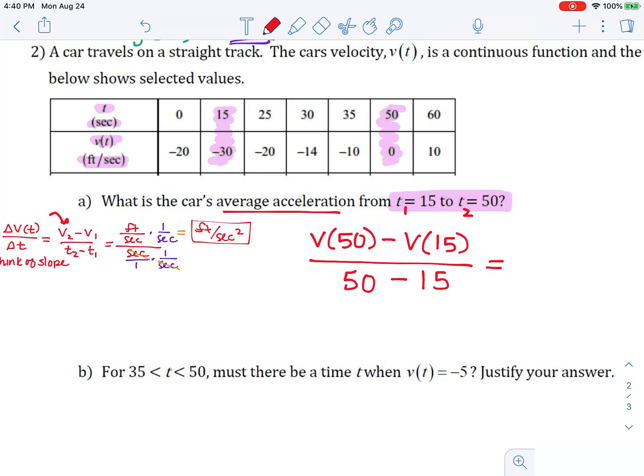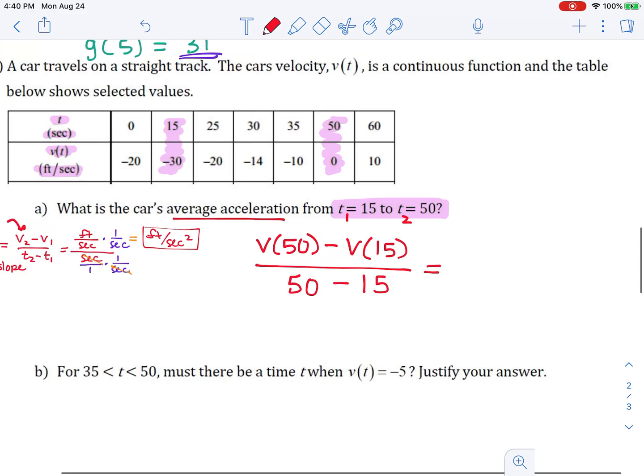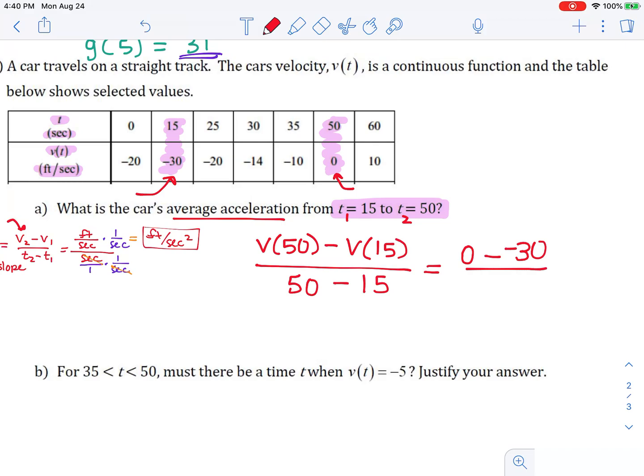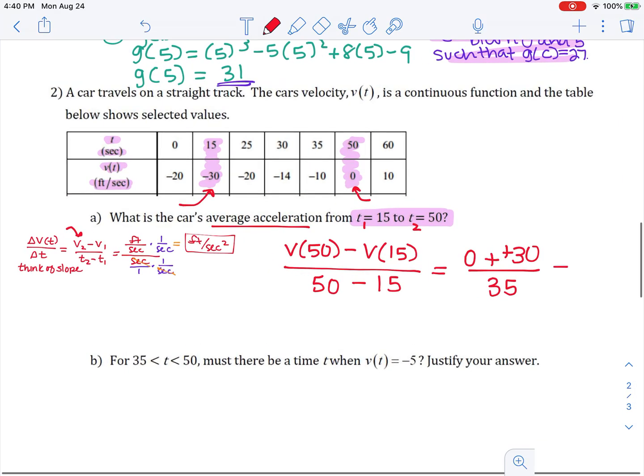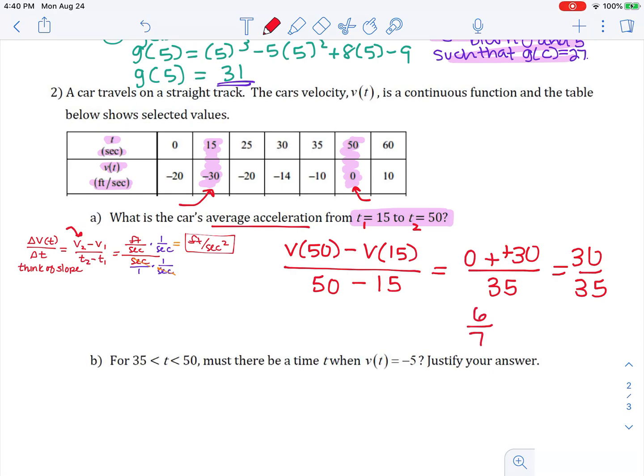So think of it, y2 minus y sub 1 all over x2 minus x sub 1. Well, what is V of 50? V of 50 is 0 minus V of 15, which is negative 30, all over 50 minus 15, which is 35. So we really have 30 over 35, which simplifies to 6 over 7, and our units we found to be feet per second squared. That would be my average acceleration.